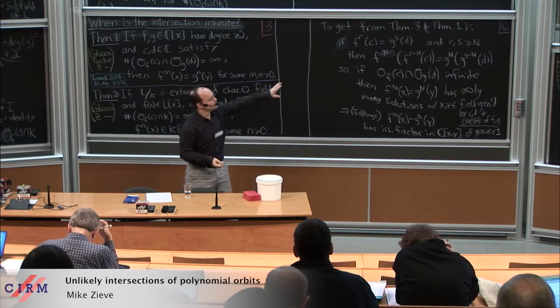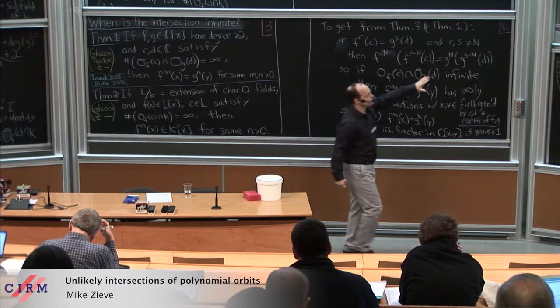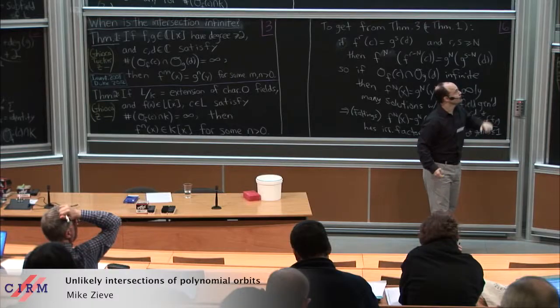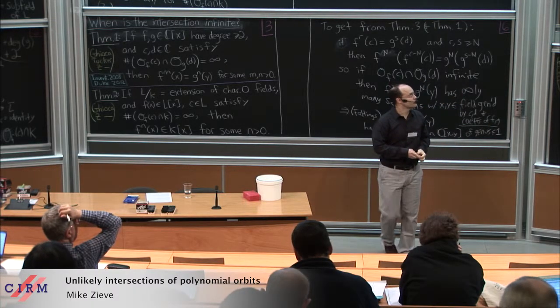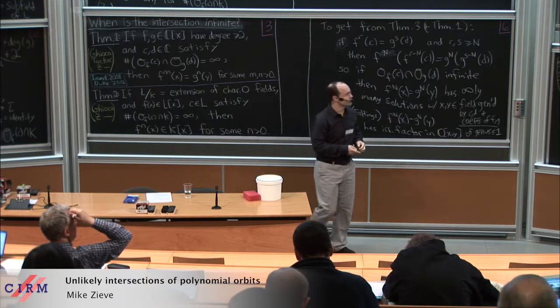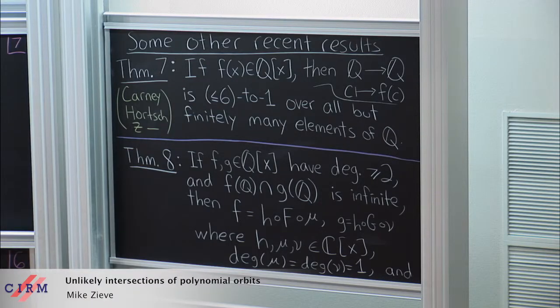There was a previous similar result by Bilu and Tichy when you replace Q by Z, so when the images of the integers under two polynomials have infinite intersection. And that has been applied in tons and tons of places.